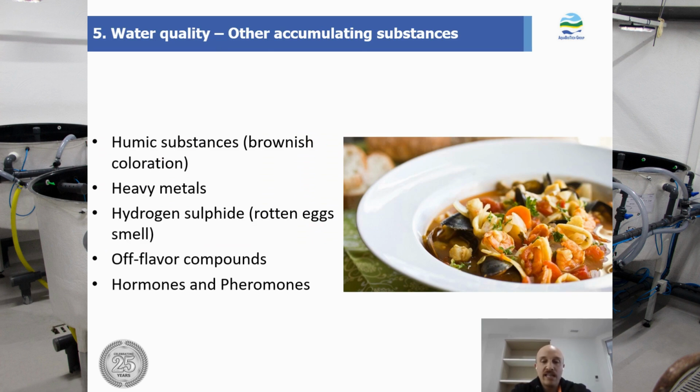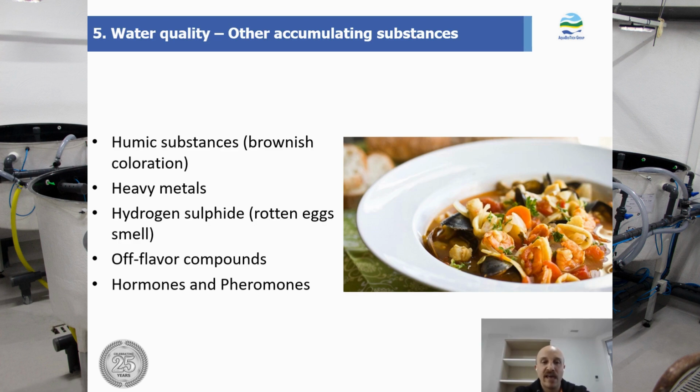So, together with all these parameters that I mentioned, I want you to consider that there is a long list of other water quality parameters, which are not always measured. They are not removed by any filtration units, but they are there. Some of them are humic substances, which give a brownish coloration to the water.